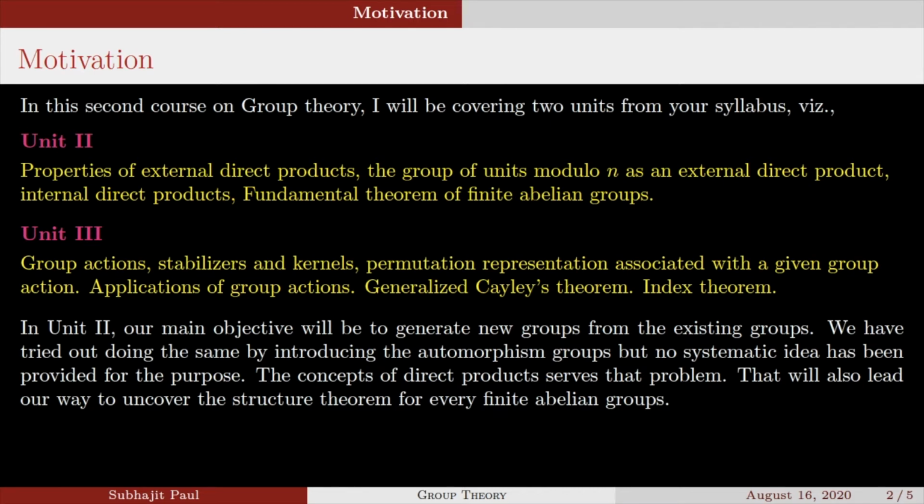Bring in a new concept, and that will let you look at the other existing concepts from a new light. This external direct product, or direct product, will throw a light to the structures of every finite abelian group.